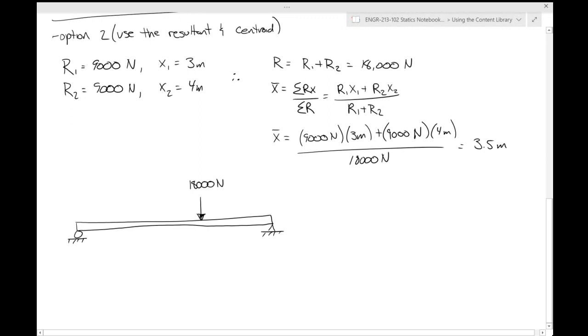A single 18,000 Newton vector, because that is R. And then how far is that from A? That dimension is 3.5 meters. That's 6 meters.